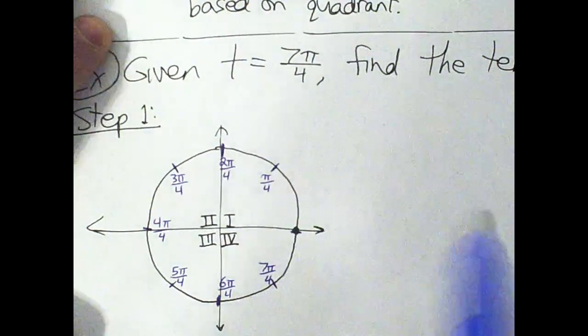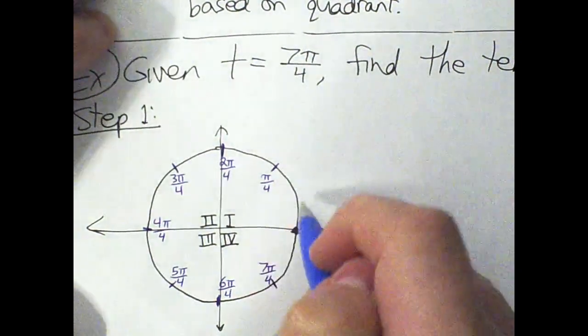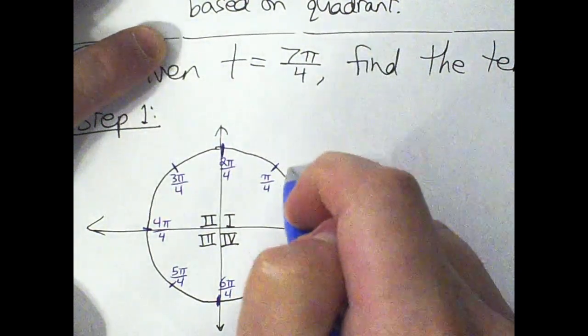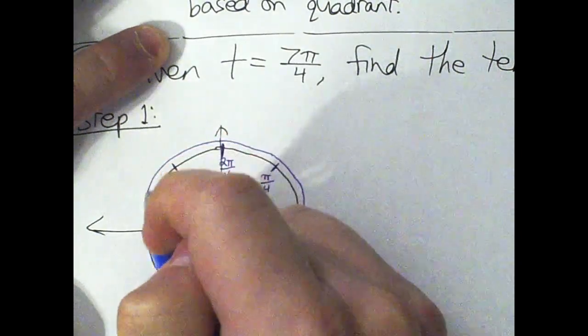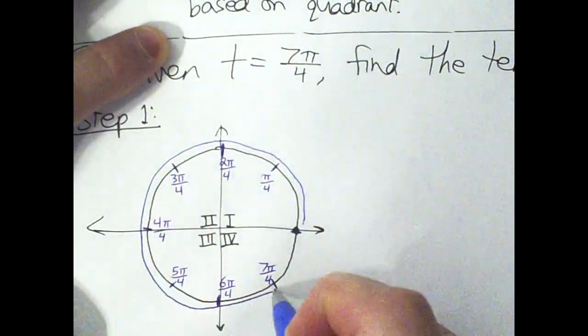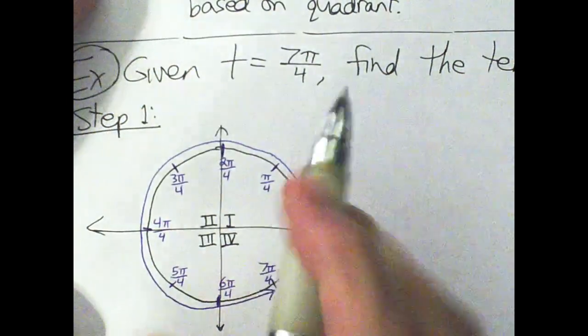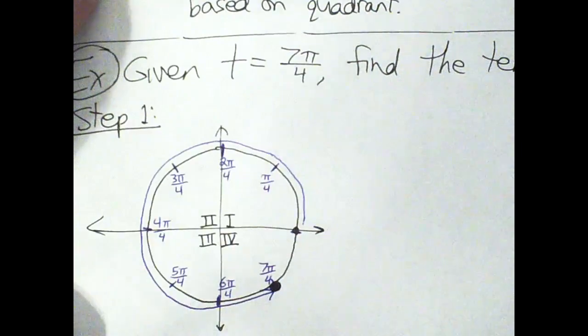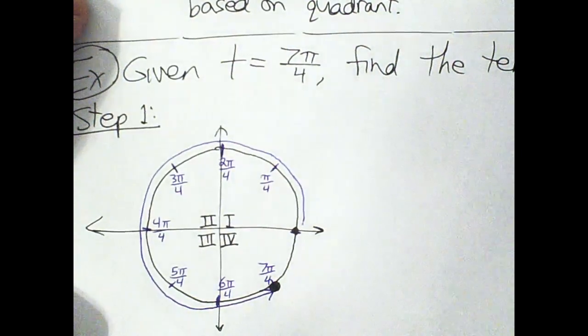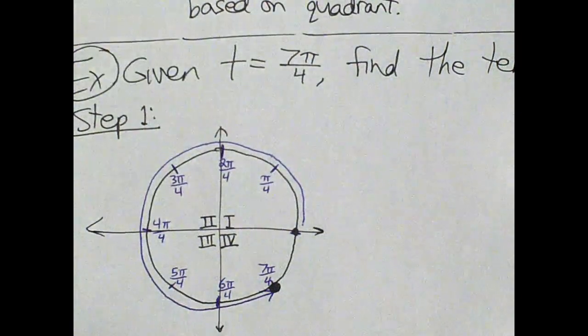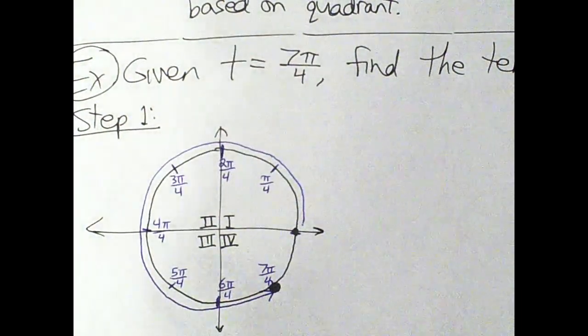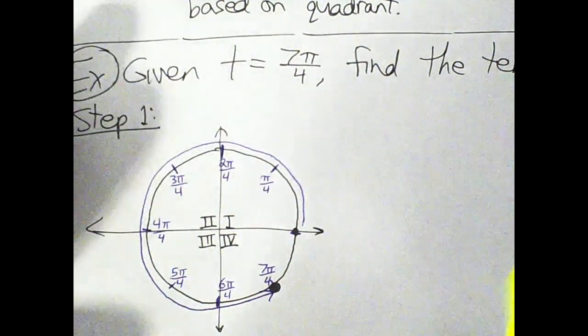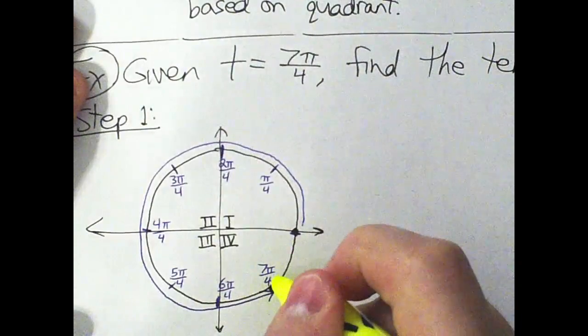So what we're trying to do is go 7 pi over 4 around. So we're going pretty far around the unit circle, right? Almost all the way around. But stop here. This is the terminal point determined by t. We want to find the coordinates. This is something, comma, something. Can you see what the reference number is? This is supposed to be step 1. The shortest distance along the unit circle from the terminal point to the x-axis.